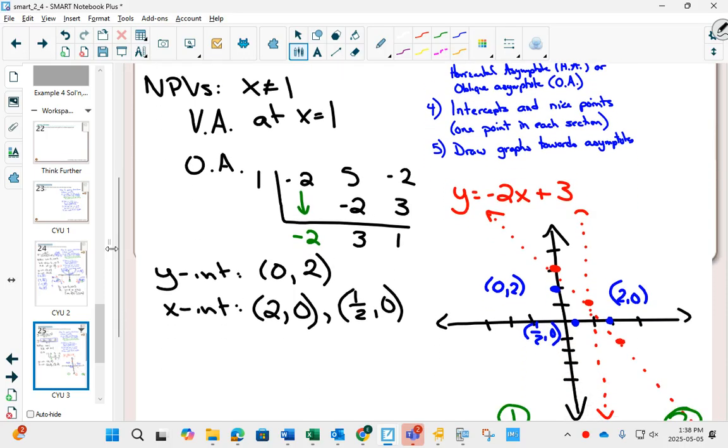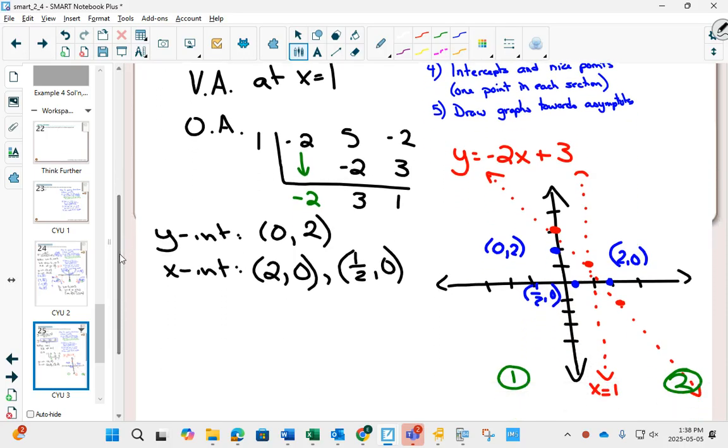Do I need more nice points? Do I have points in section 1? I do. I have enough points in section 1 to draw my graph towards the asymptotes. I feel like the oblique asymptote is the most likely for you to get an E10 error, especially on this one.